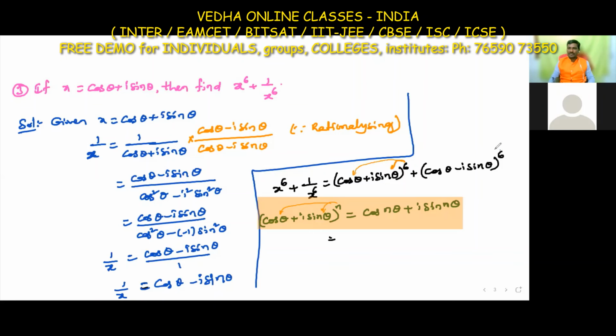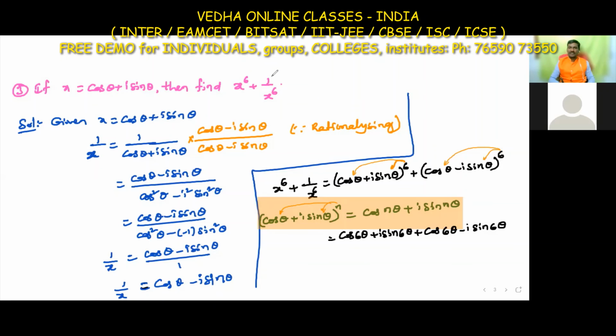So that means cos 6 theta plus I sin 6 theta plus cos 6 theta minus I sin 6 theta.